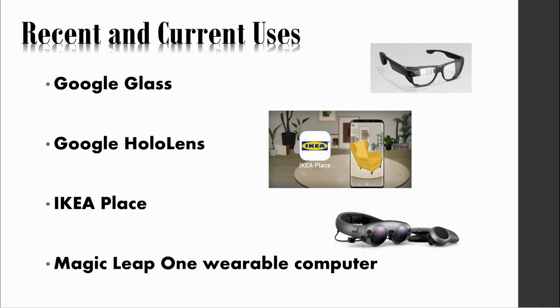And this is a way to market their products more easily and effectively. Now, this app allowed for users to preview what kind of different furnitures and decor might look good in their house via their phone camera and screen. And today, we actually have new products like the Magic Leap 1, which is a wearable computer that implements powerful graphics in order to create a really strong sense of immersion for the user.